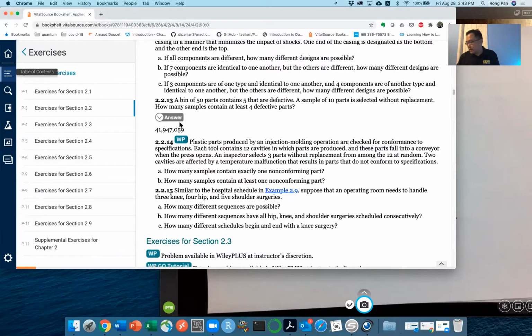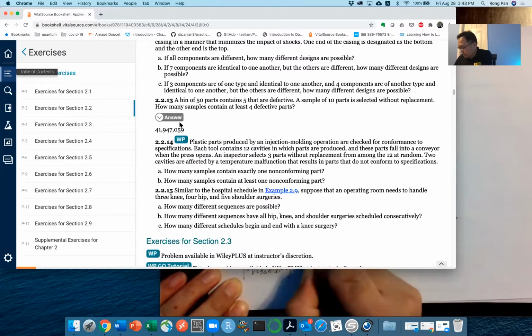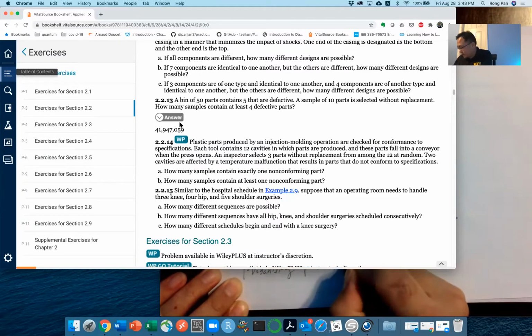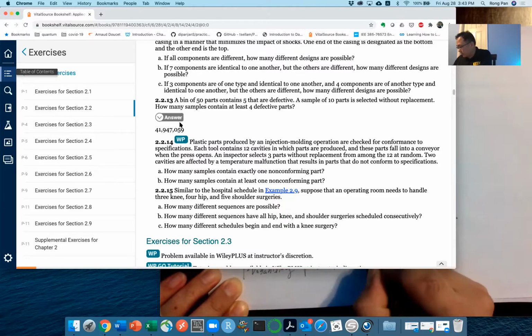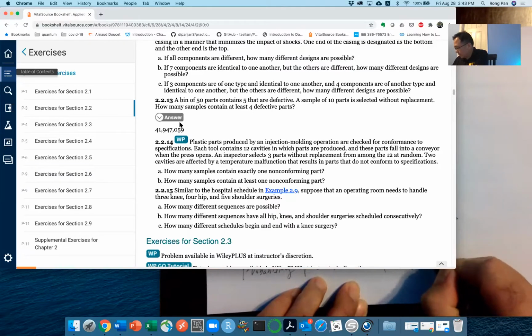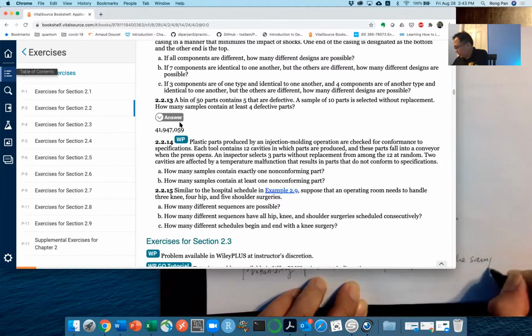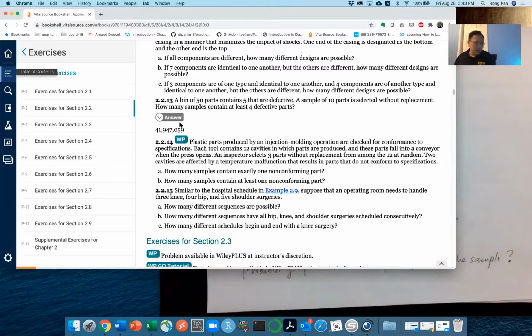All right, now I want to ask you a further question about this one. What about giving me the probability of at least 4 defective parts in the sample. All right.